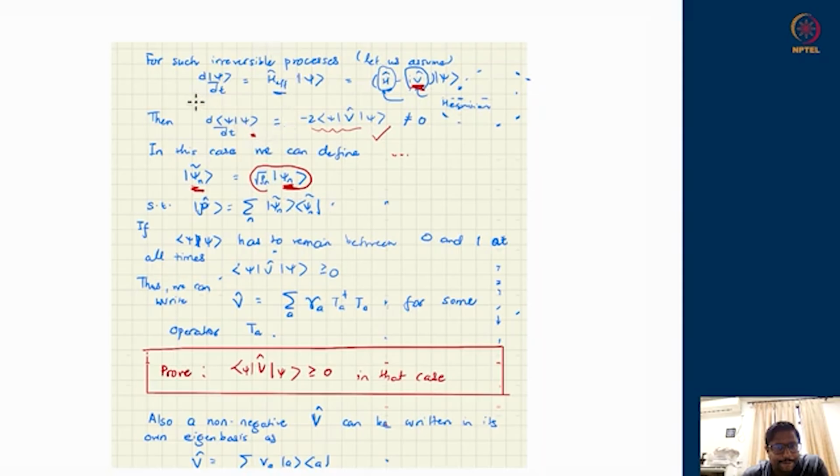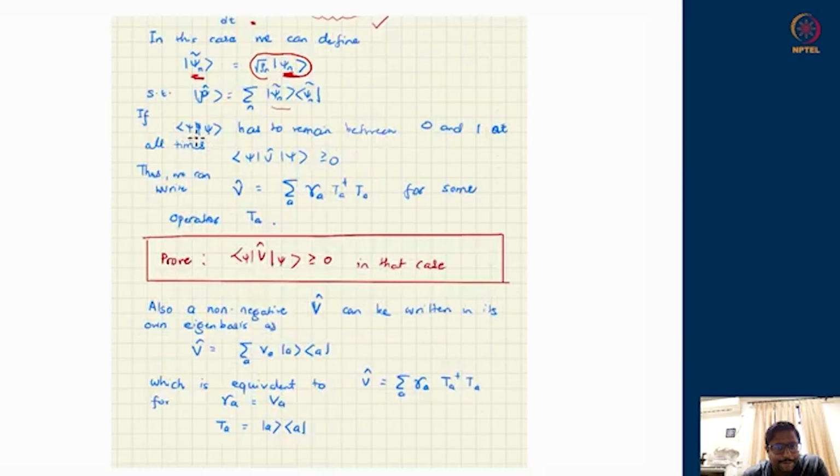Then this density matrix will just be written in terms of the psi_n tilde outer product. However, we would want the inner product of psi tilde to remain between 0 and 1, because this will be the self inner product multiplied with root p_n and will just multiply a number between 0 and 1. So if this is a valid definition of a probability, it can never become greater than 1.